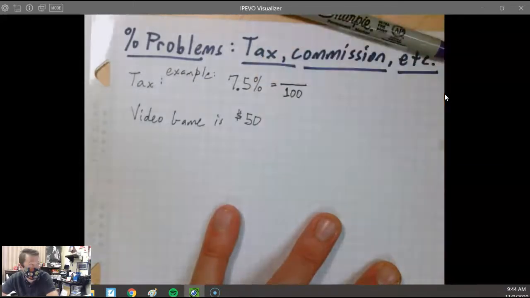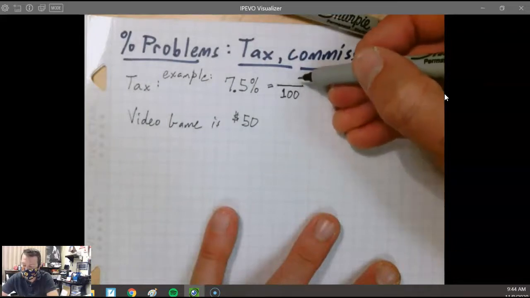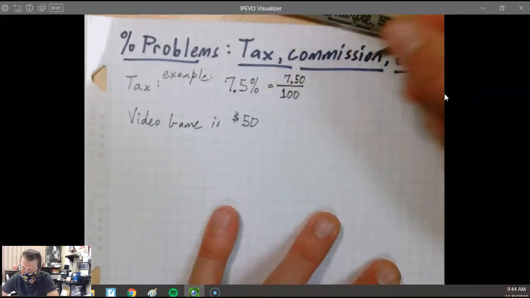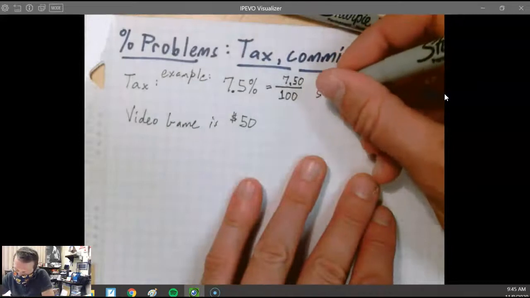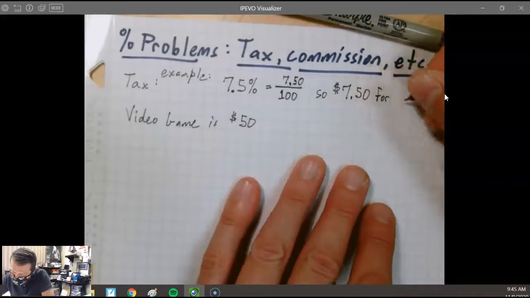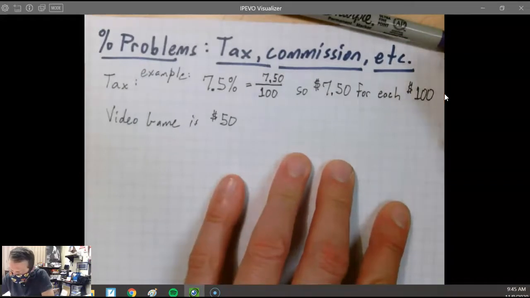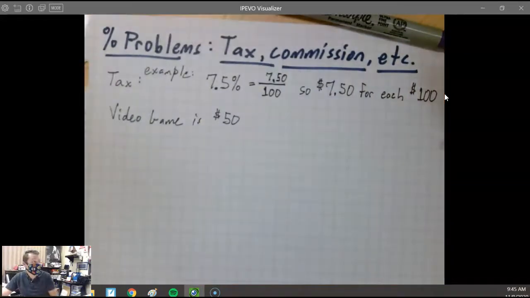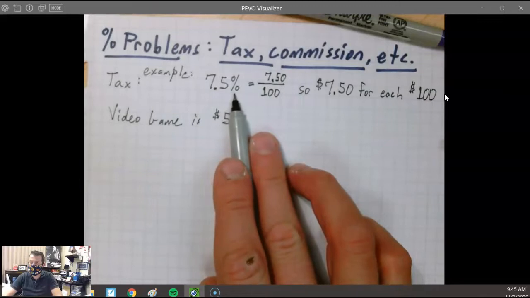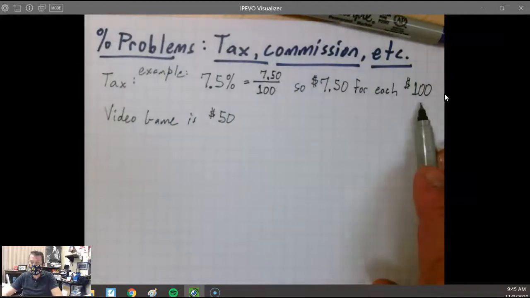So 7.5% means out of every 100 that you spend, the tax you'll spend will be $7.50. So what 7.5% or any tax rate that they tell you actually means is that much for every $100.